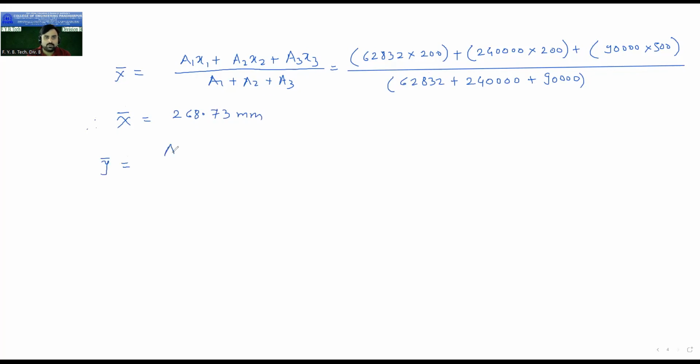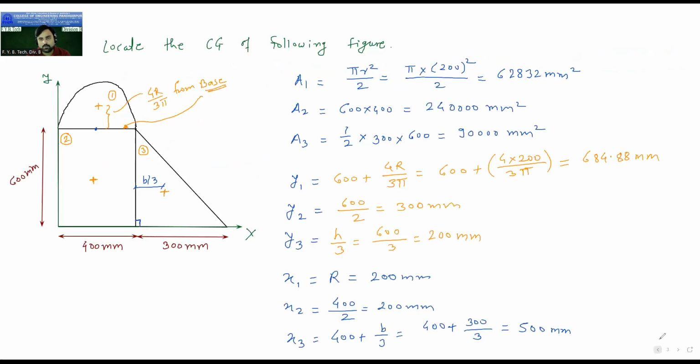Similarly, y bar is equal to a1y1 plus a2y2 plus a3y3, whole divided by a1 plus a2 plus a3, which is equal to 62832 into y1. What is the value of y1? 684.88.